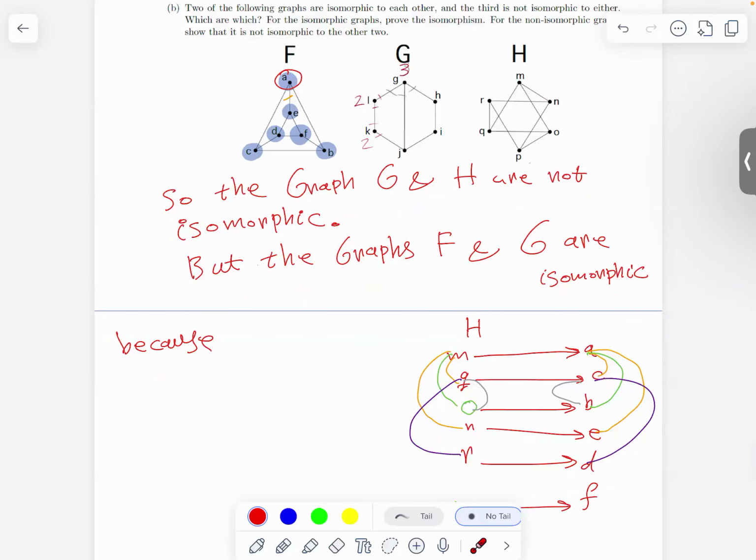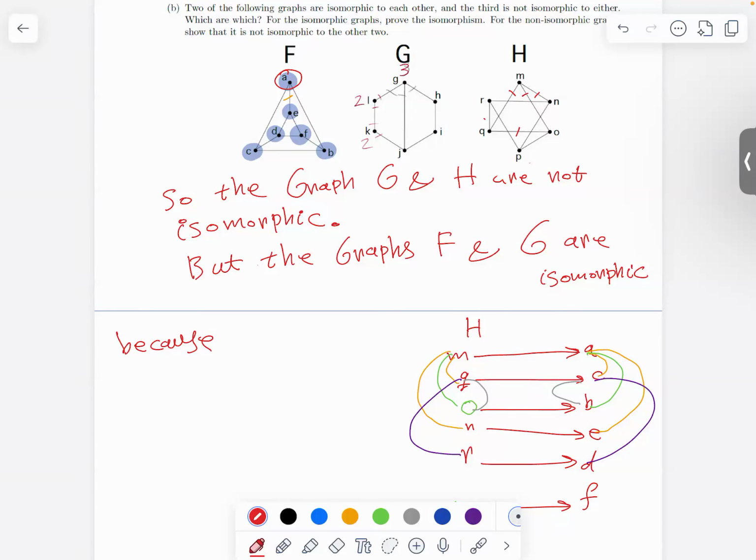So I checked my M to Q to O, M to N as well. Now I checked Q to O. All right, it preserves the structure. I checked QR.